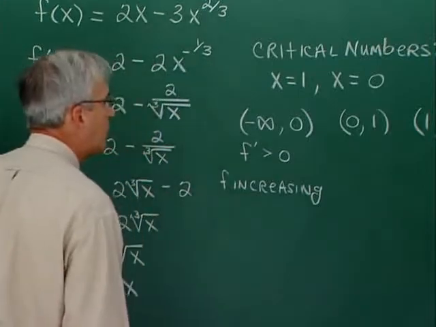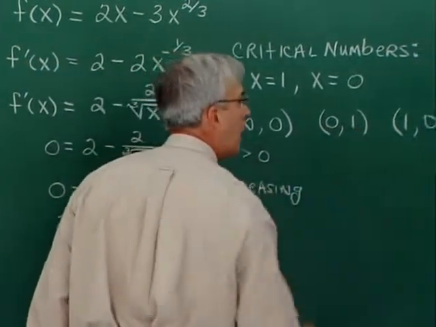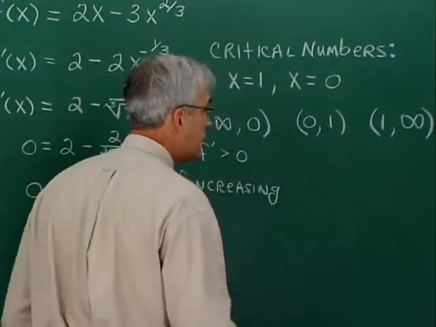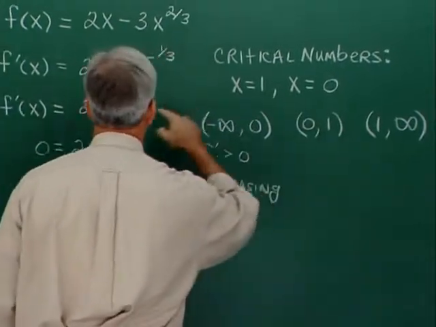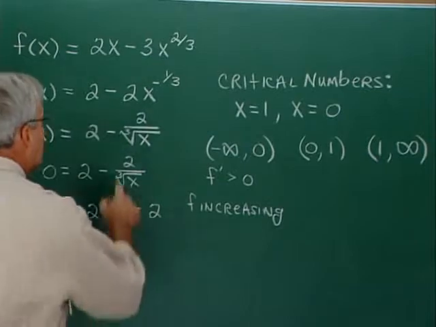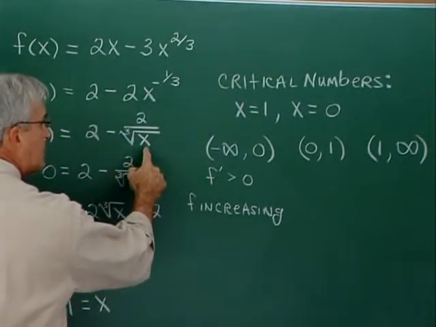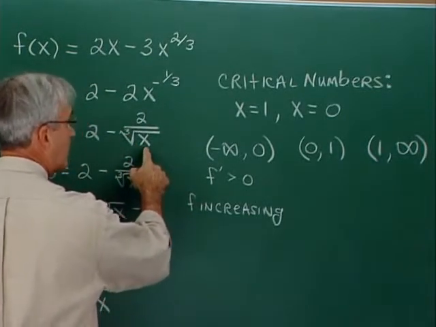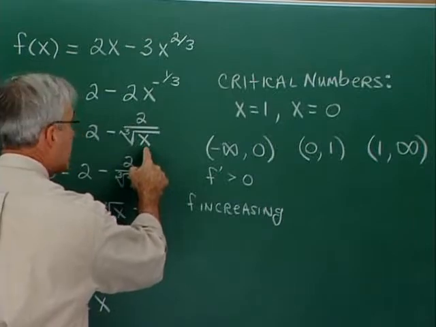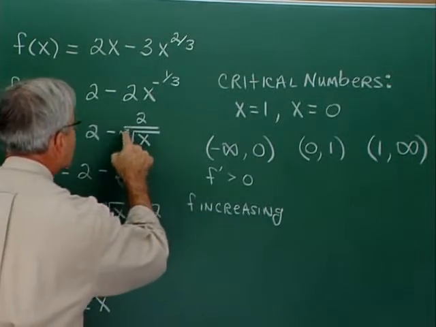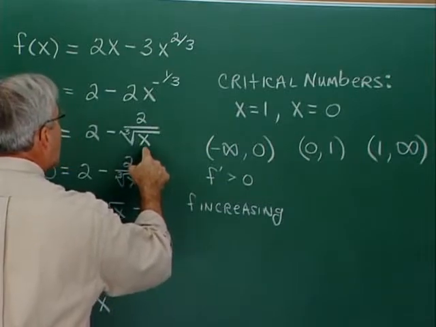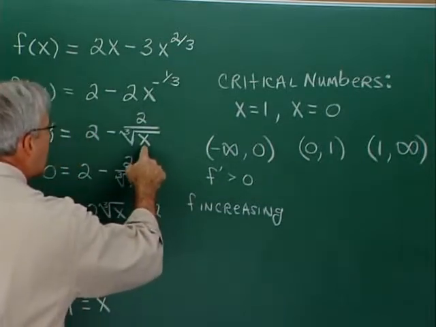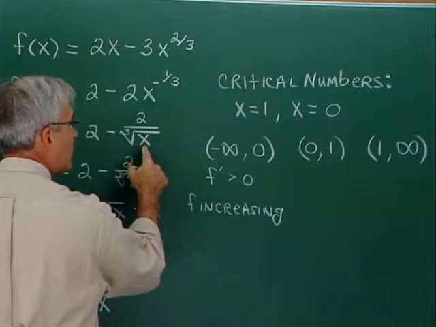All right, let's take the next interval from 0 to 1. I could choose a specific value here, but let's see if we can just analyze it by looking over at the expression. The cube root of a positive number, now that positive number from 0 to 1, you see, gives us a positive denominator here, 2 over a positive denominator, and we're taking the cube root of a number between 0 and 1.